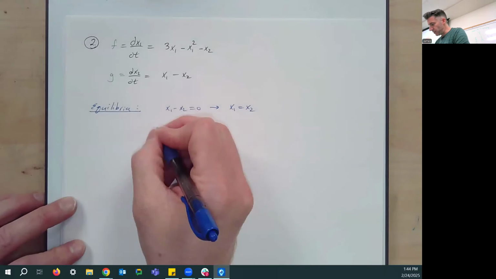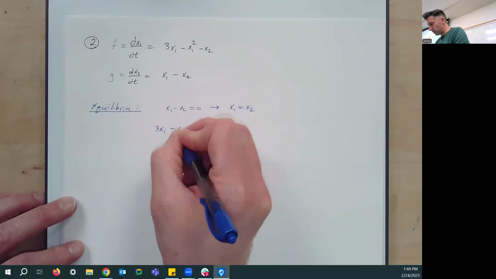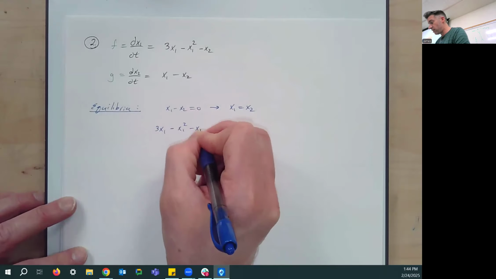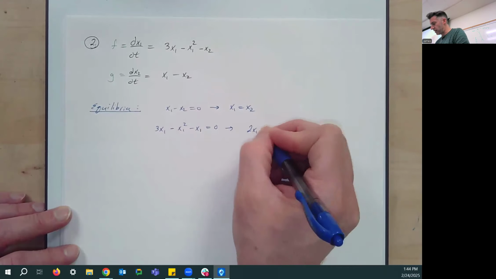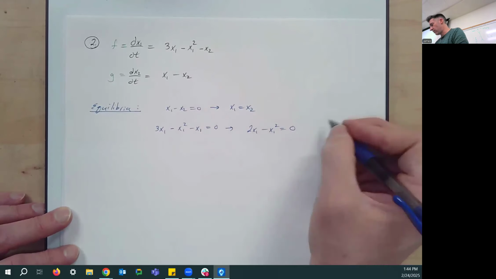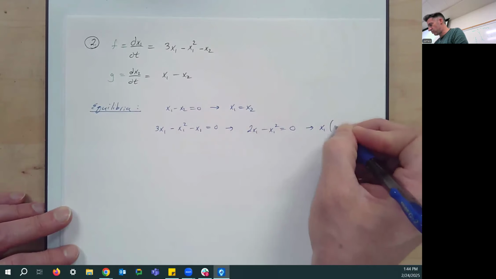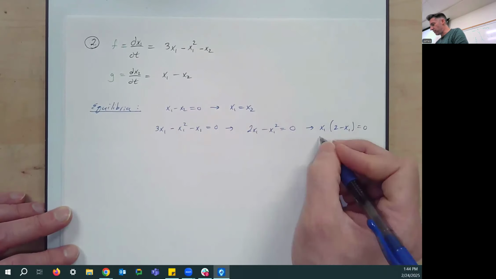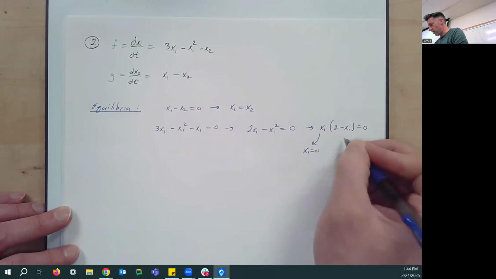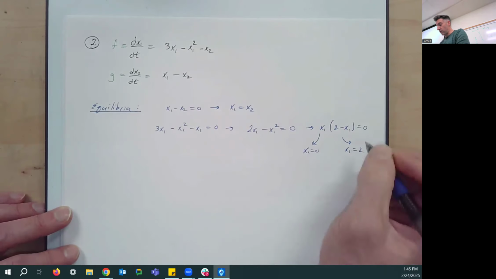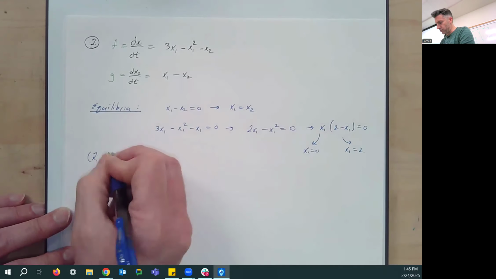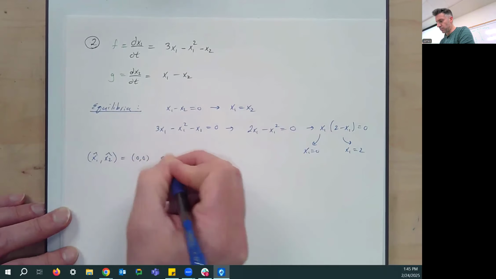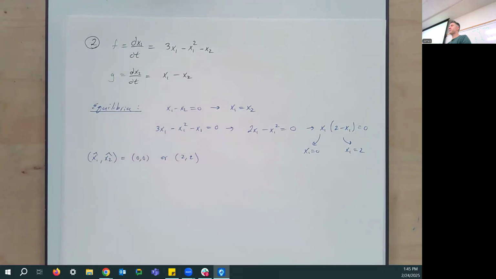So then the other one's going to be 3x1 minus x1 squared minus x1 equal to 0. Simplifying, that's going to be 2x1 minus x1 squared equal to 0. Factor out an x1, you get x1 times (2 minus x1) equal to 0. So we're either getting x1 equal to 0 or x1 equal to 2, meaning our equilibria are going to be either 0, 0 or 2, 2. Those are our two equilibria.